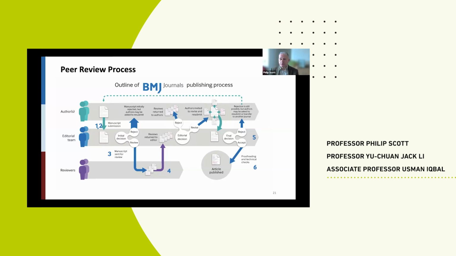So when they resubmit, that then comes back into the editorial team. Depending on the level of revisions required, usually it will go back to the peer reviewers to look at the revisions and see if they have adequately addressed the comments that were made in the initial review. Sometimes that goes round more than once.